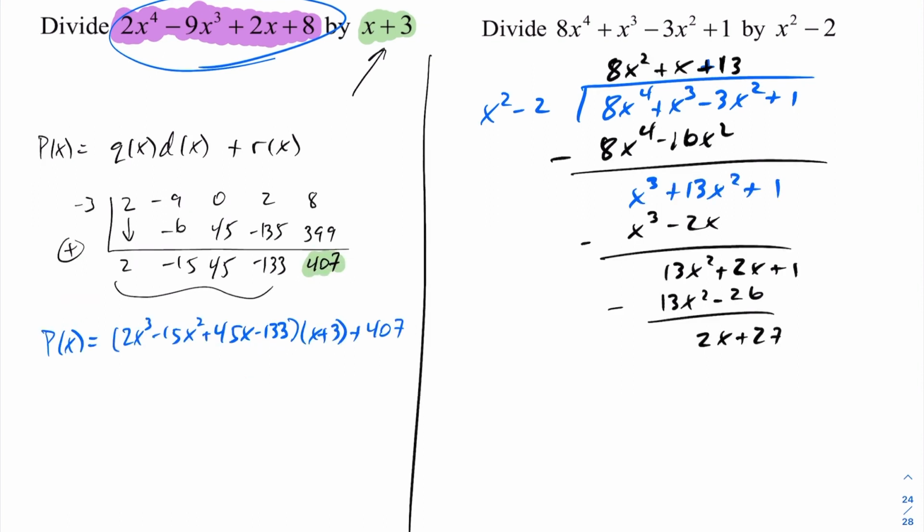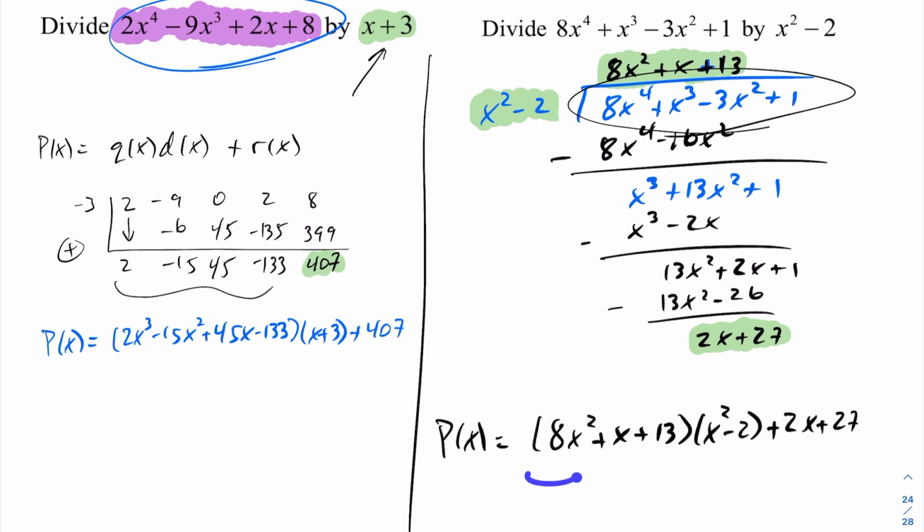I end up getting a remainder of 2x plus 27. This represents our quotient, and this represents our divisor. So our polynomial, this is our 8x to the fourth plus x cubed minus 3x squared plus 1, is going to equal our quotient times divisor plus our remainder. And now we've divided out the following expression.